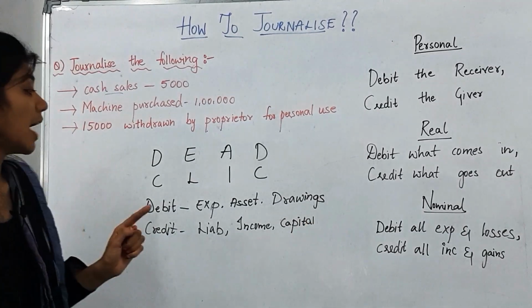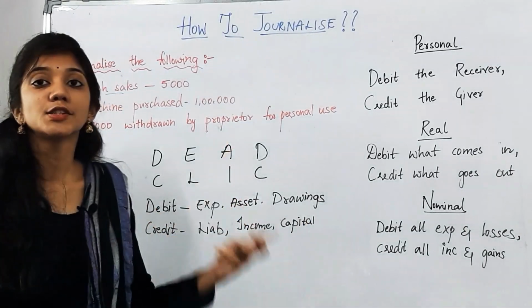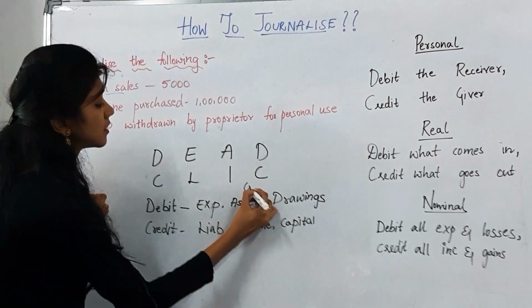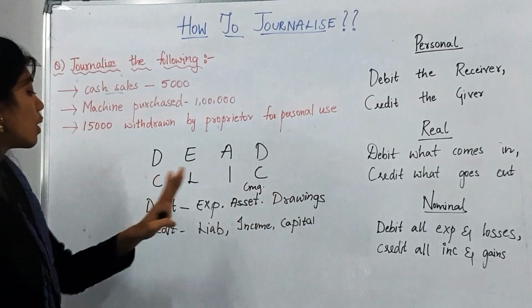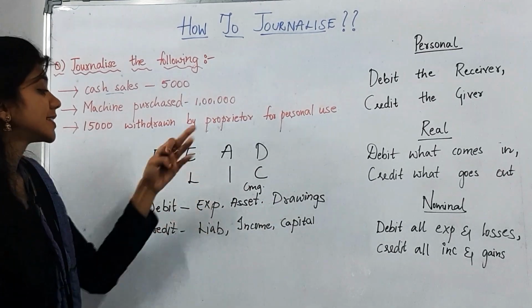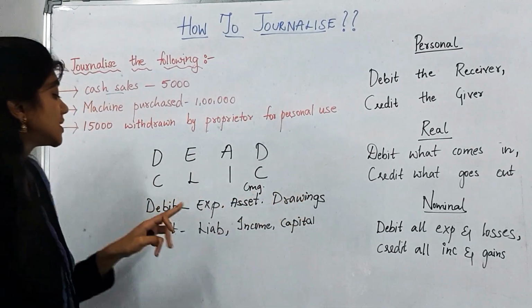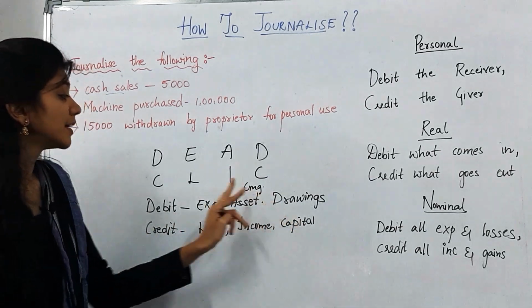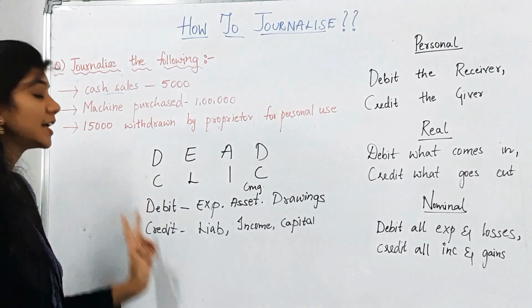And one more thing you have to remember, an asset that is only coming in should be debited. So all the expenses, assets that come in and drawings are debited, and all the liabilities, income, capital and assets that go out should be credited.